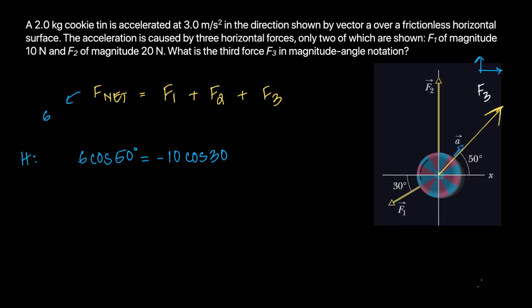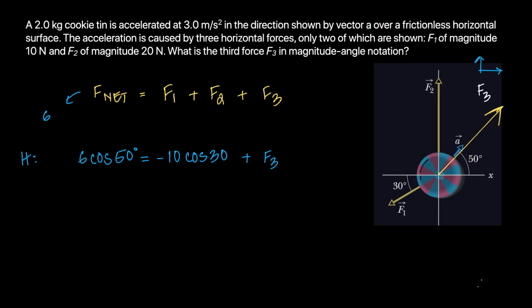And then there's F3. We don't know the angle of F3. I drew it exactly on the 50-degree line, but I don't know the angle actually. It could be this way, it could be the other way. I just made a generic one. So let's call that angle theta. I don't know what it is. Let's write that down.